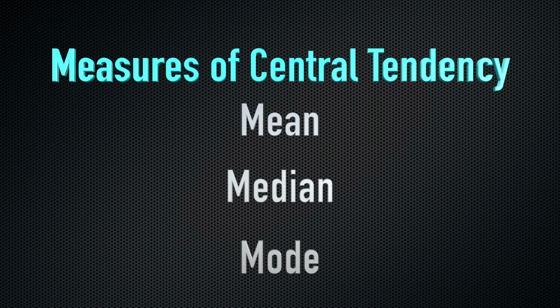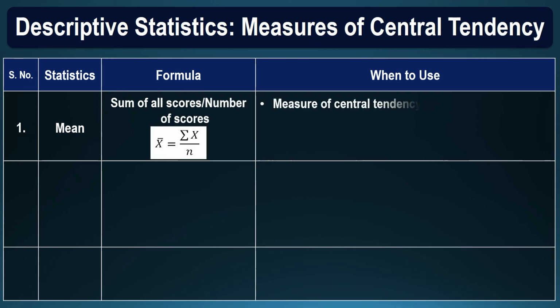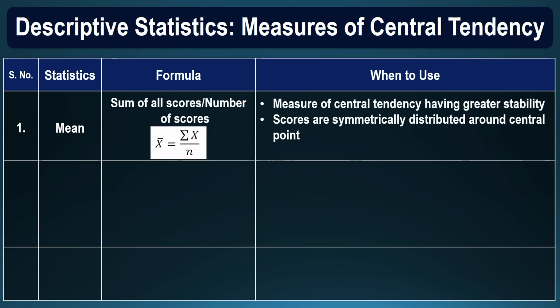Mean is the measure of central tendency which has greater stability, and when scores are symmetrically distributed around the central point, we can calculate the mean of the group. When there are extreme scores, then mean is not the right measure because it is going to be affected by the extreme scores present in the distribution of scores.